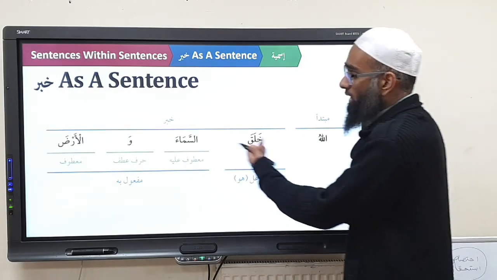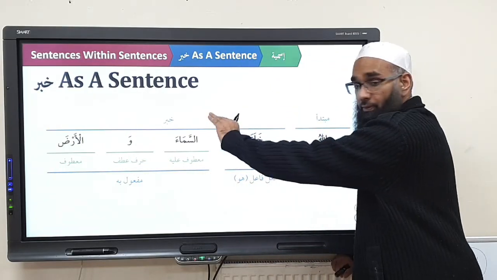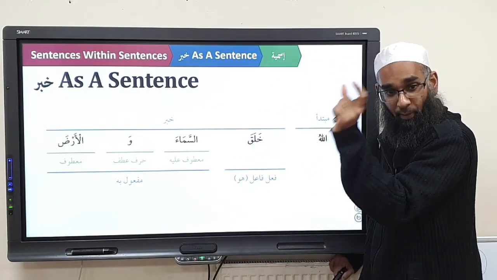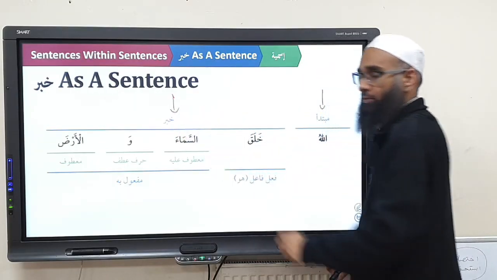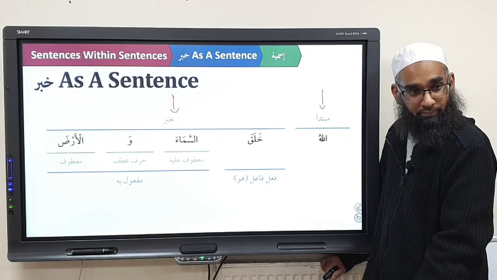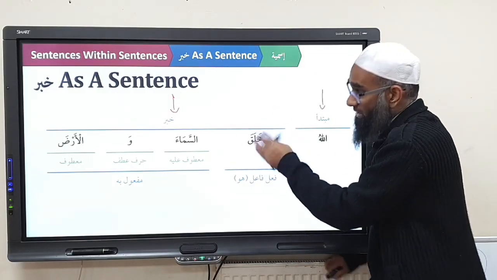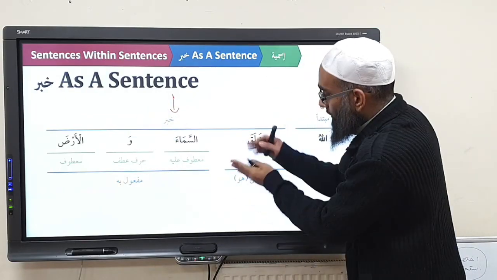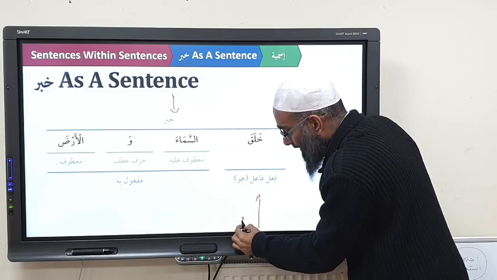So if you have Allahu khalaqa as-sama'a wal-ard, when you do tarkib, what do you have to do? At the top, in blue ink, because these are the main parts of the sentence, you will label the main parts. That's the main part. You following? Okay. Then you go down. You see the khabar is the sentence, isn't it? So you work your way up. You start from a lower point and you work your way up.